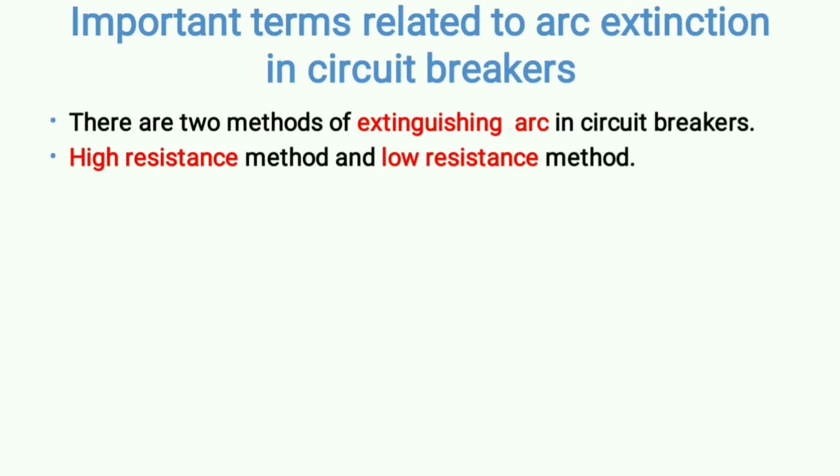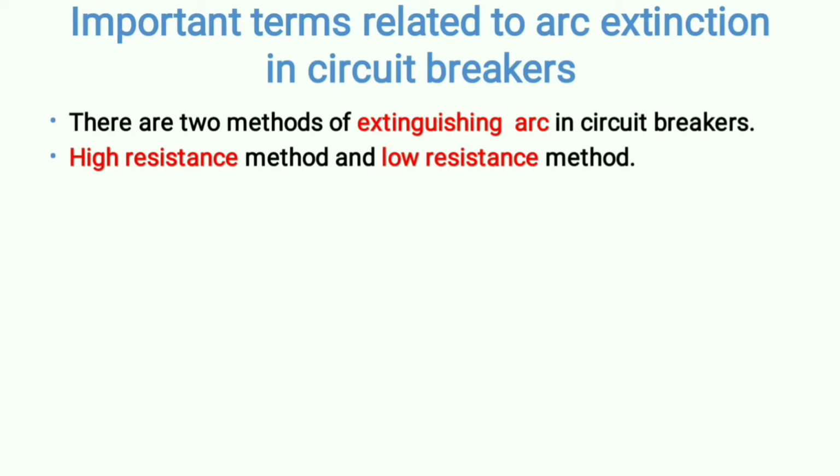High resistance method means the arc resistance is increased gradually with time, so the arc current gets reduced, and at one point the arc current will not be sufficient to maintain the arc, and that is why the arc vanishes completely and the circuit breaker is closed and the fault can be removed.